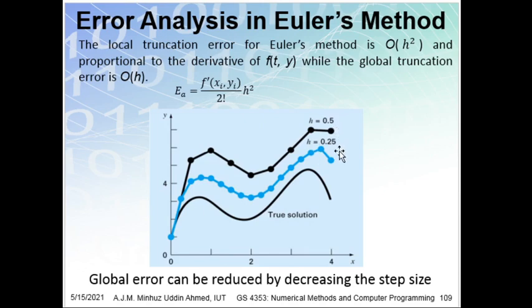And if you decrease the step size, the Euler method solution will be close to the true solution. But if you see here, even if we use h equals 0.25, the error seems very significant. So that's why the Euler method is not very accurate, but still its significance was this: as a generalized assumption was made here, we can modify it further.